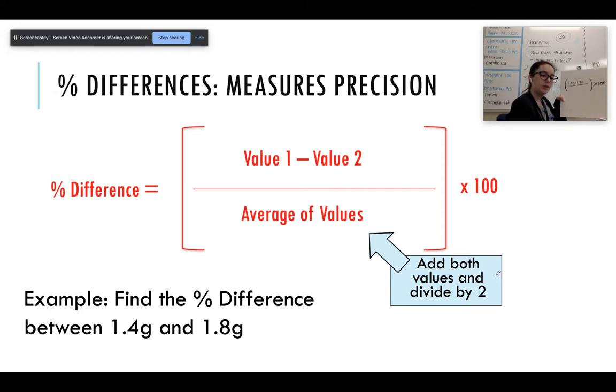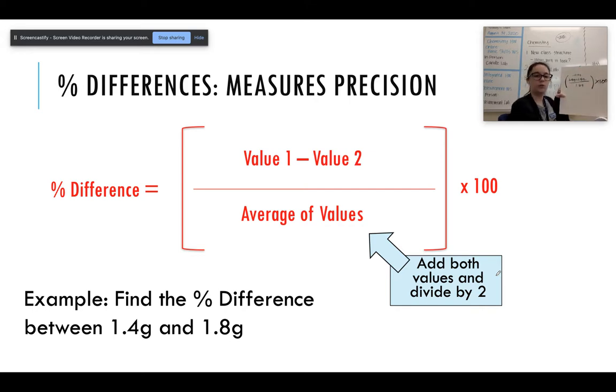I'll divide that by 2 to get 1.6, and I'll put that on the bottom with my units. I take 1.4 minus 1.8 to get 0.4 negative, so I get negative 0.4 grams.